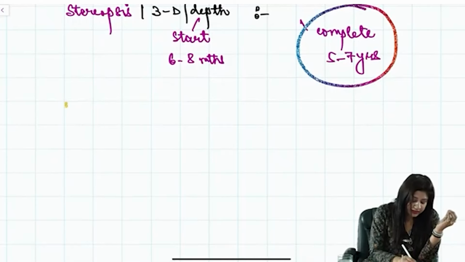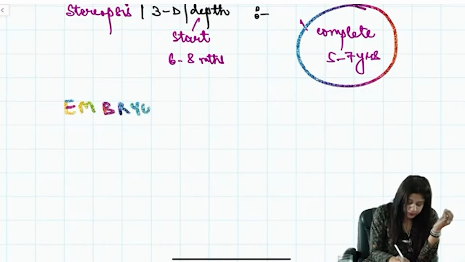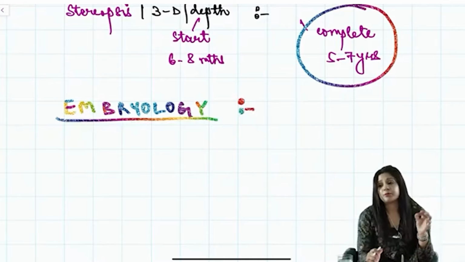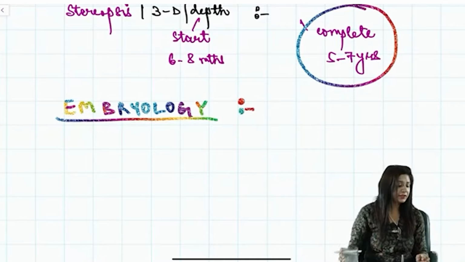Then the second is embryology. In continuation, you can write the developmental portion of the eyeball, how the development is taking place.